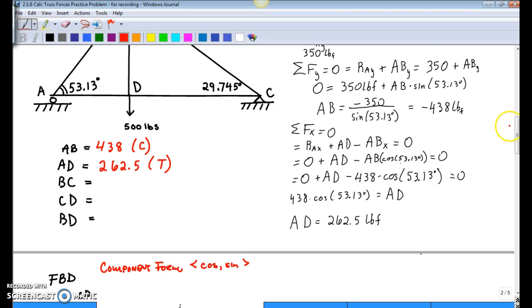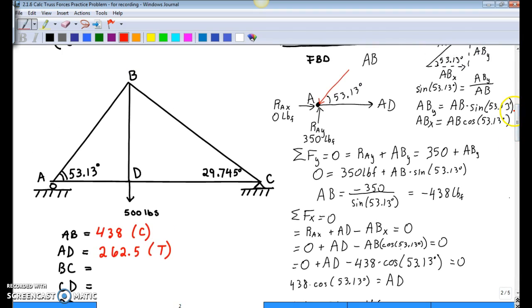Alright, that is joint A. And we've solved for AB and AD. I would recommend our next point that we work with is joint C. And by doing joint C, we would find the internal forces at BC and DC.